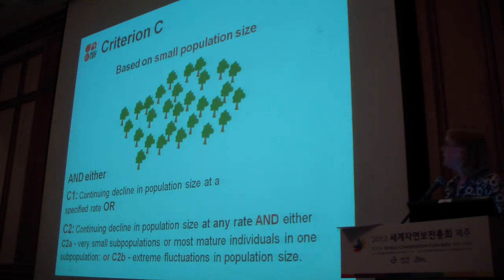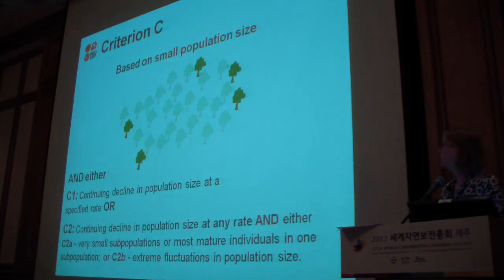So here I've shown a small population. It's not broken into subpopulations or anything, although you could count that since everything occurs in one subpopulation effectively, it's all one population. But we don't know anything really about the structure. So in this example, we've got extreme fluctuation going on.